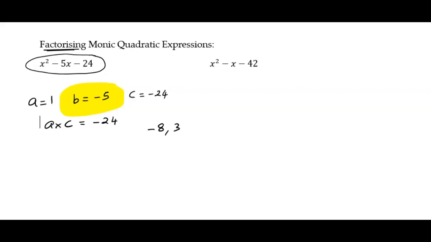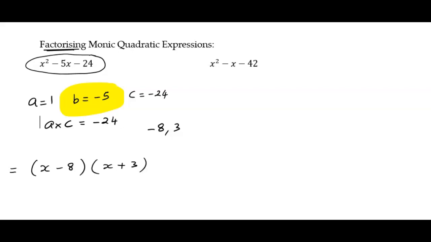If I multiply minus 8 by 3, I get negative 24. If I add the two numbers, I get minus 5. So that satisfies the two conditions. Now that we've identified the two numbers, it factorizes into two brackets: one is x minus 8, the other is x plus 3. That completes the factorization of x squared minus 5x minus 24.